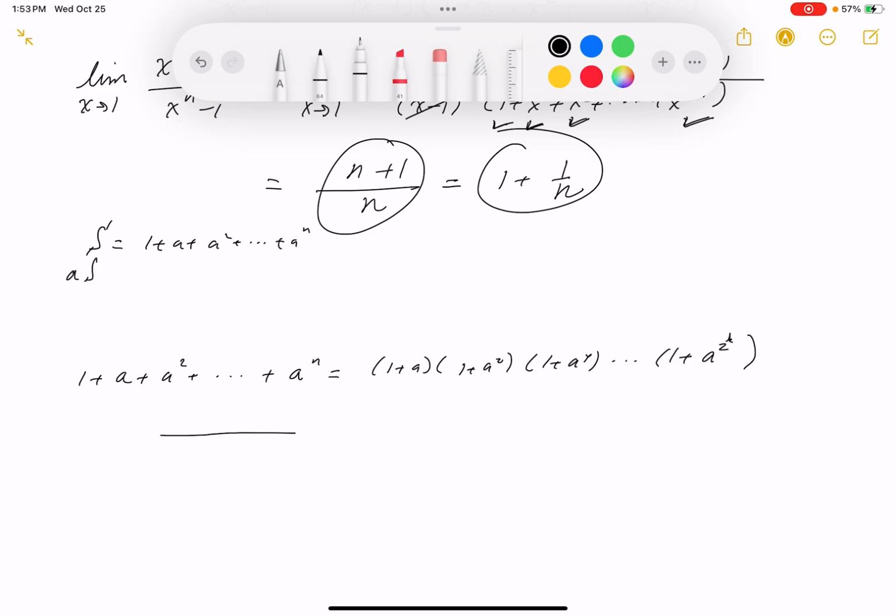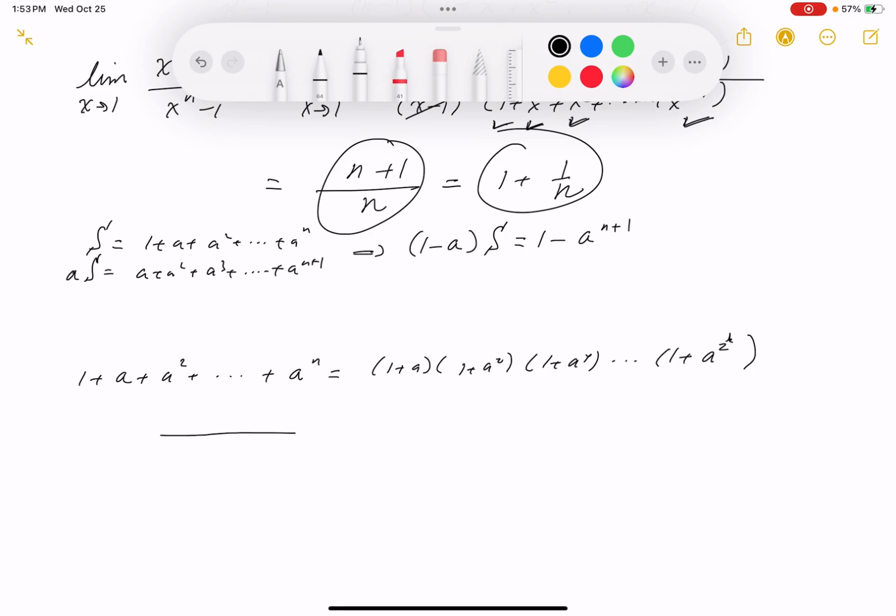Multiply both sides by a. What would you get? A plus a squared plus a cubed and so on, up to a to the n plus 1. If you subtracted them, and there's two ways you could subtract them, you could do 1 minus a times S. And then what would you get? You get 1 minus a to the n plus 1.